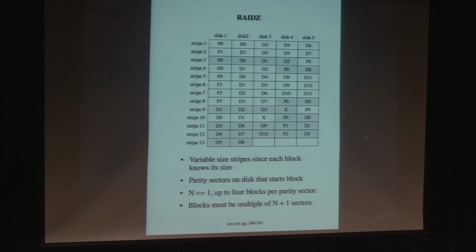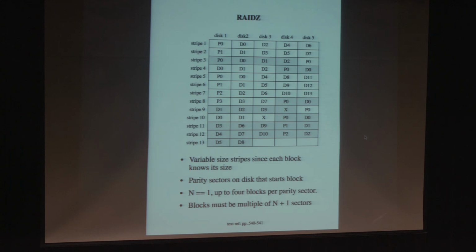But the point of RAID Z is that since it's integrated into ZFS, it's all part of the file system, so each time we write something into the RAID, we write just exactly the size that we need and no more. In this picture, the first block that we've written completely fills the first 2 stripes.